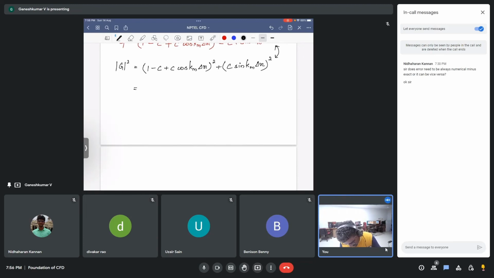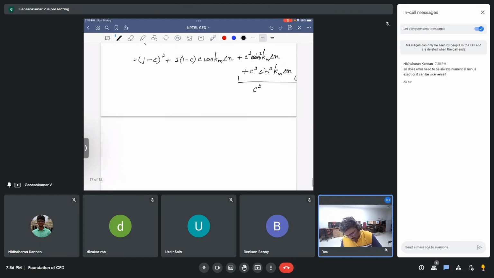If we simplify this term, 1 minus c whole square, plus 2 into 1 minus c times c cos km delta x, plus c square cos square km delta x plus c square sin square km delta x, and these two terms reduce to c square.